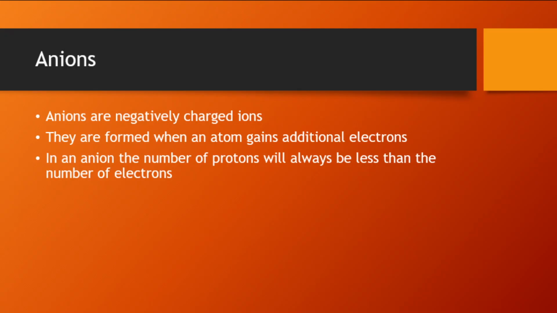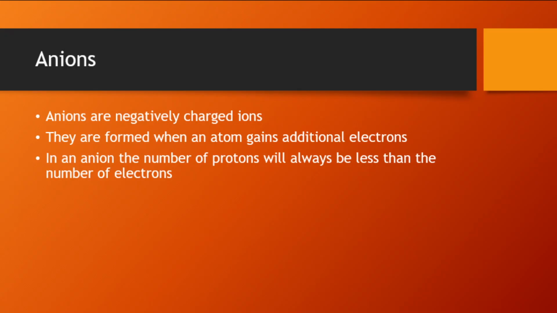Okay? And just thinking about what's going on now in terms of the subatomic particles, if you have an anion that's negatively charged, it's gained additional electrons, that means that the number of protons will always be less than the number of electrons in our anions, okay?